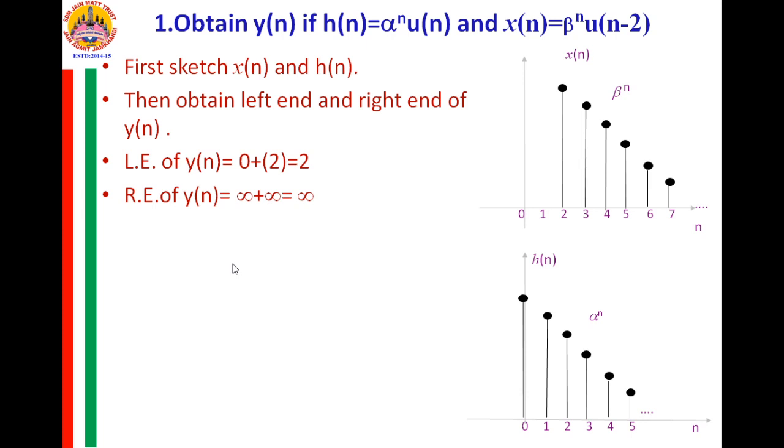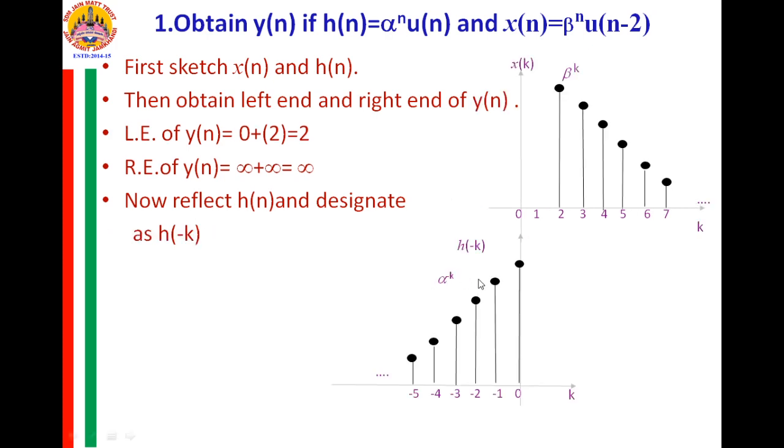Now, knowing the left end and right end, our next step is to reflect h[n] about the origin, redesignate it as h[minus k], and redesignate x[n] as x[k]. So we sketch x[k] and h[k] because in convolution we need to take a product between x[k] and h[n minus k], where h[n minus k] is obtained by shifting h[minus k] left or right depending upon the value of n.